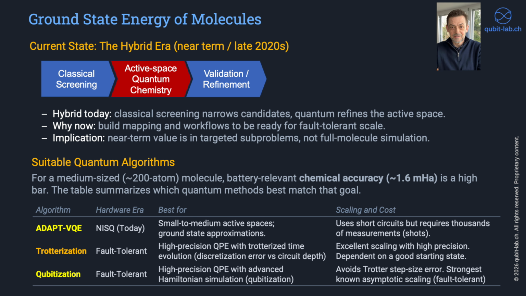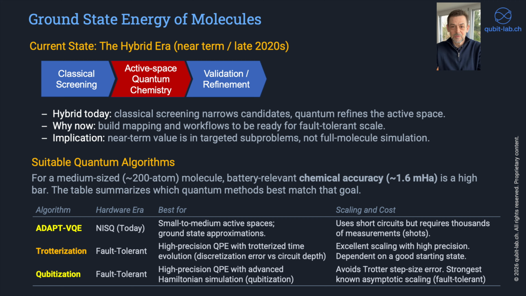Now that we've placed today's hardware limits, let's look at what a realistic workflow for molecular ground state energy looks like in the near term versus fault-tolerant. In the near term, the practical pattern is hybrid. Use classical screening to narrow candidates, then apply quantum methods on a small active space, and finally validate and refine with classical tools.